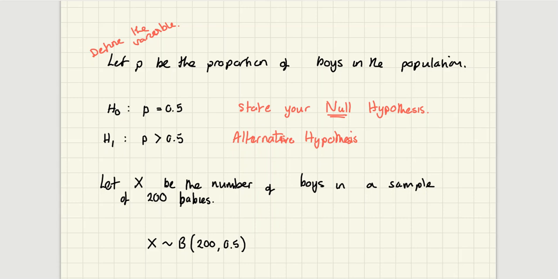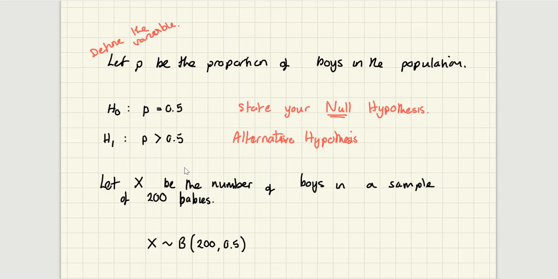Then we have to state our two hypotheses. Now, the null hypothesis is always that there's no difference in anything. So H0, we're saying the probability of boys is a half.